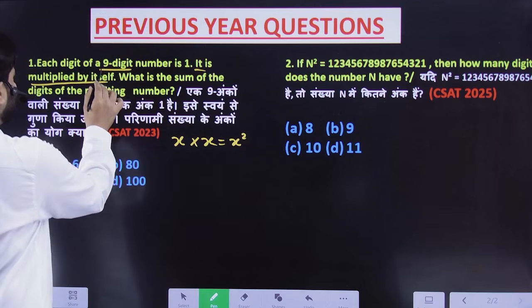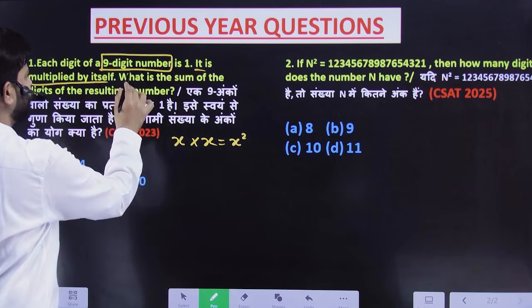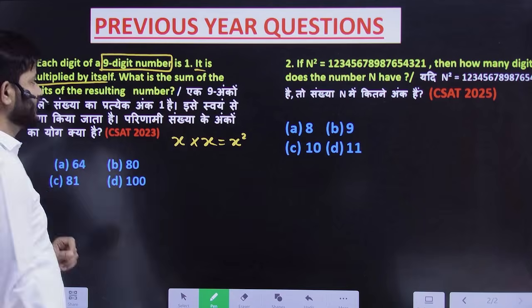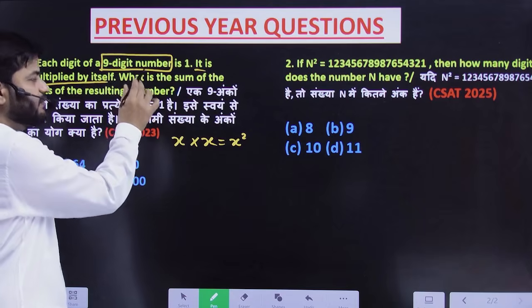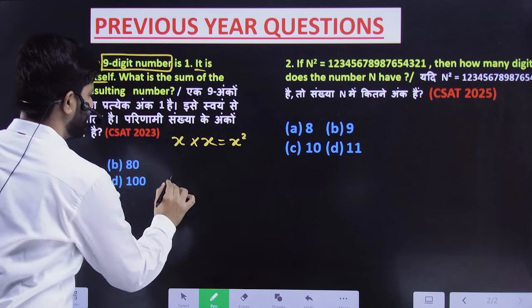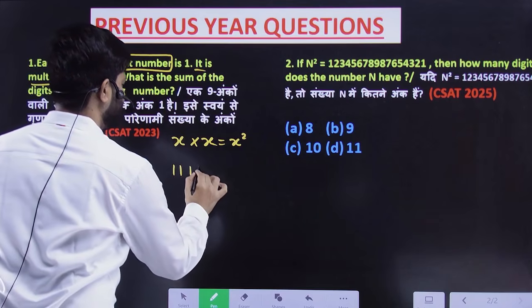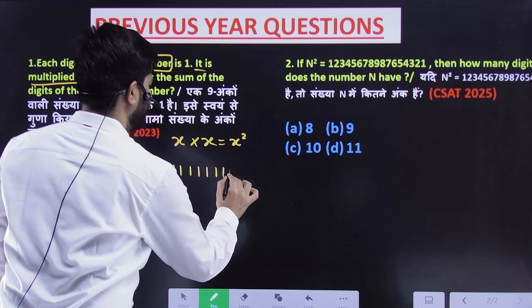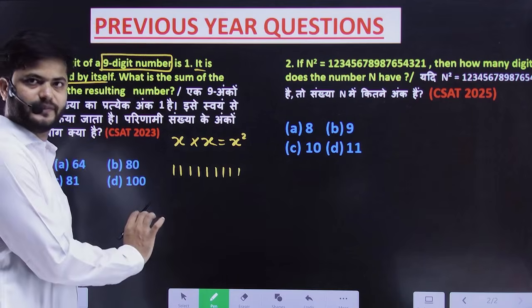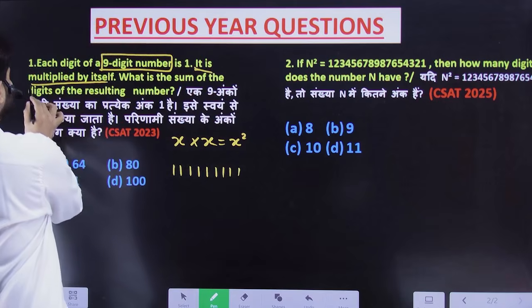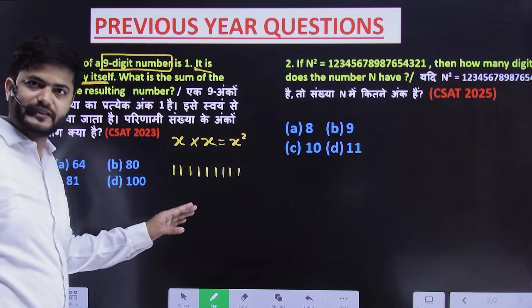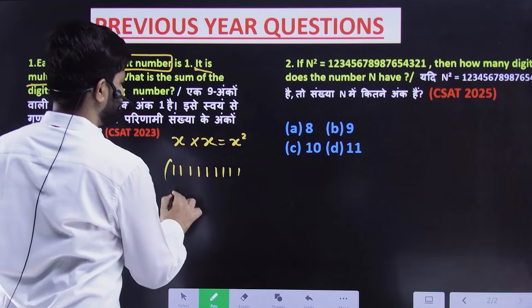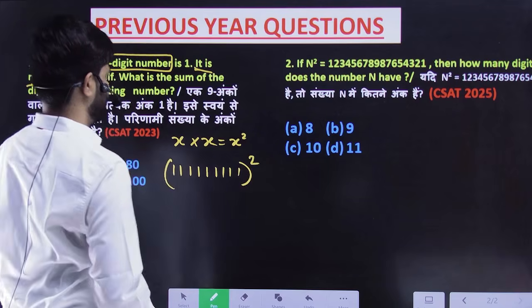That 9-digit number is formed by writing 1 only. Now write 1 up to 9 times: 1 2 3 4 5 6 7 8 9. It is multiplied by itself, so it becomes its square.